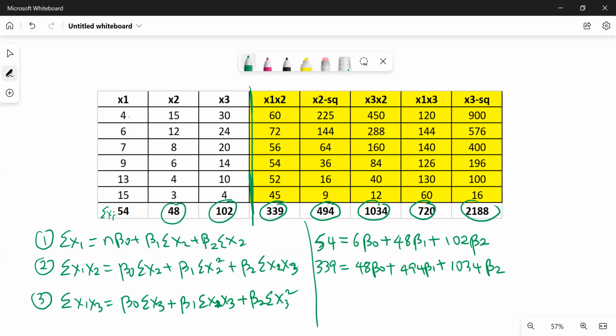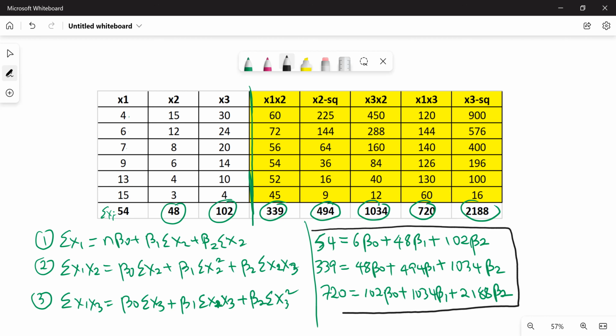And the final normal equation, x1 x3, which is 720, is equal to beta naught summation of x3, which is 102, plus x2 x3, or x3 x2, which is 1034, beta 1, plus x3 square, which is 2188, beta 2.